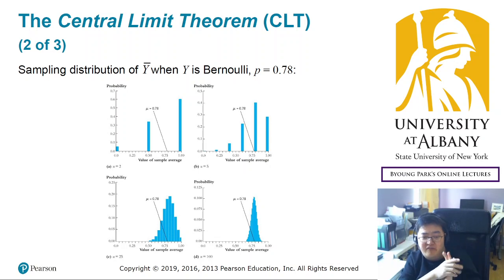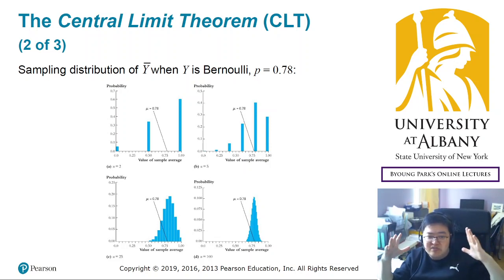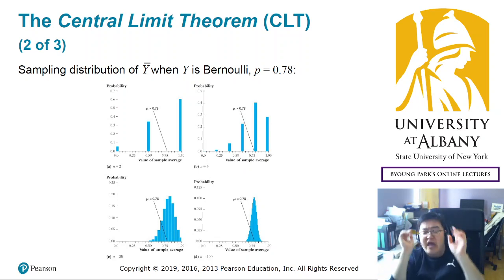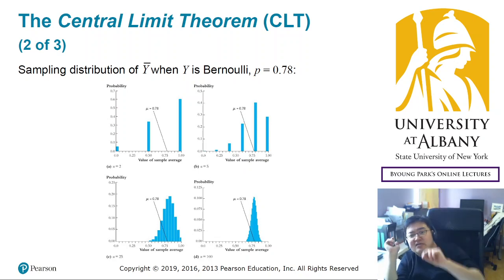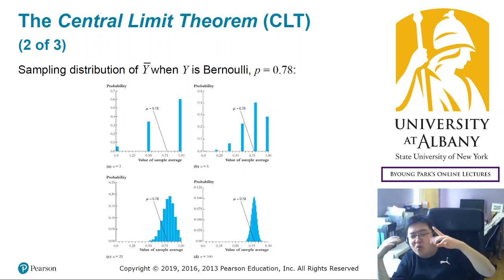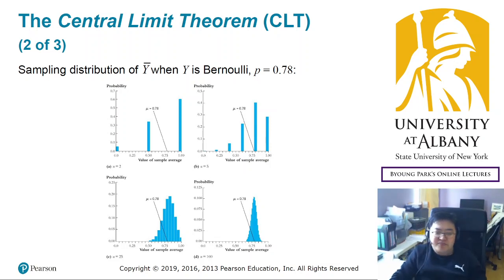We have learned that the variance decreases, but the center does not change. The center is always 0.78, so the center does not change, but the dispersion decreases. So in the end, the graph looks like a big spike, a tall tower at the mean. In the end, 100% of the probability will be put on one point without any potential errors.